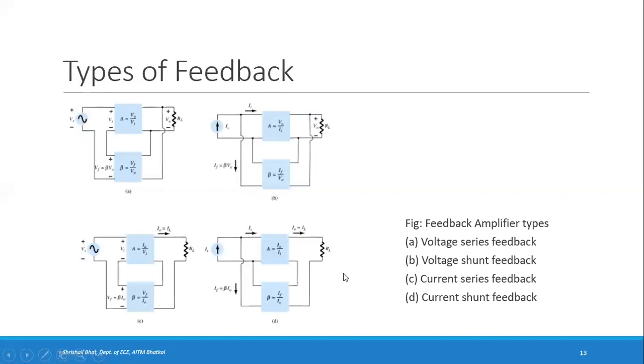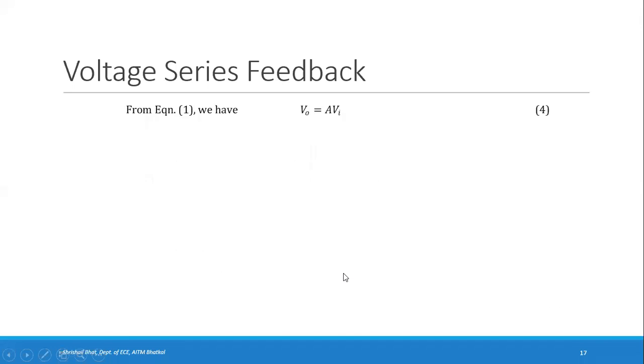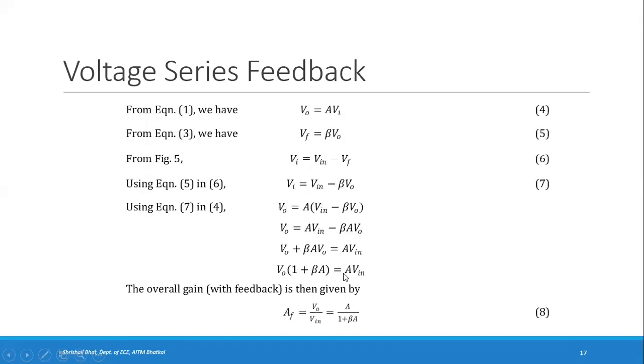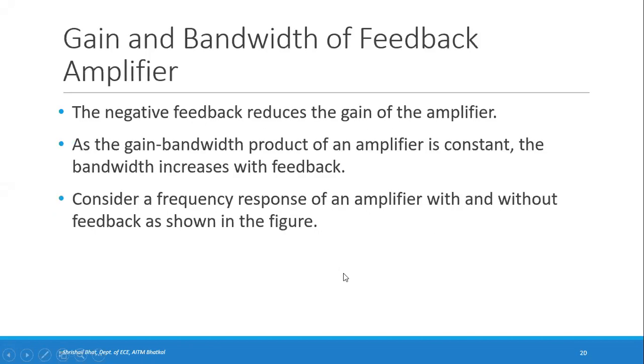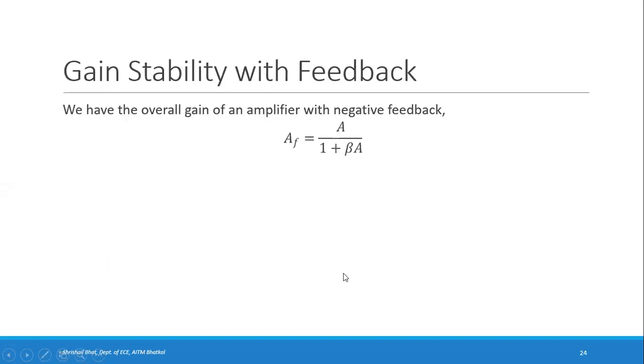Then we have studied in detail voltage series feedback. With the block diagram, we have derived an expression for AF. We have shown that the gain AF is more stable than A. We have seen input and output impedances, then the gain and bandwidth, then gain stability with feedback.